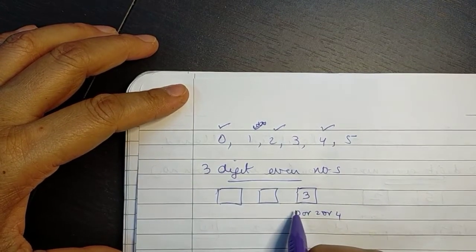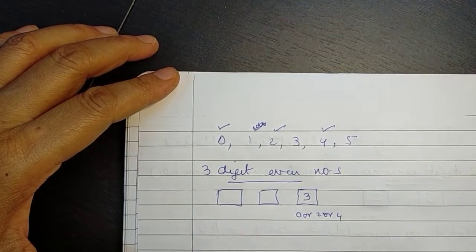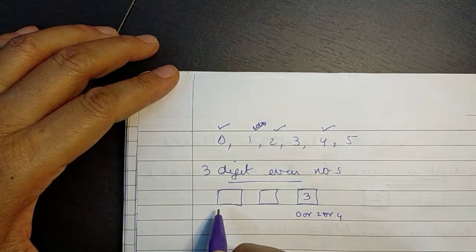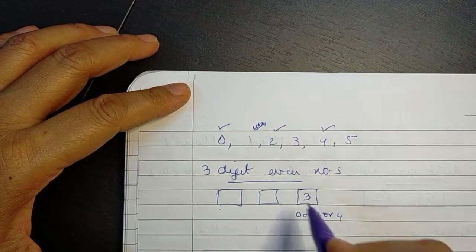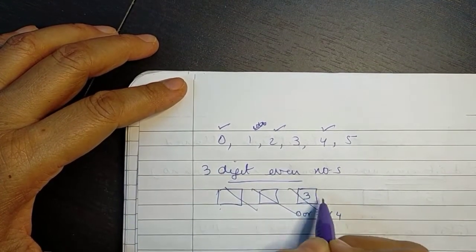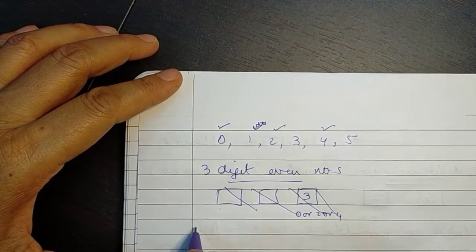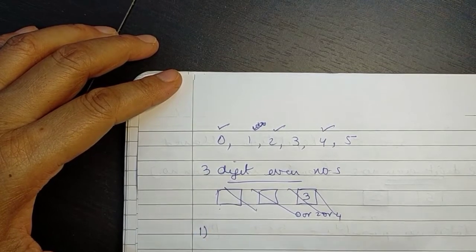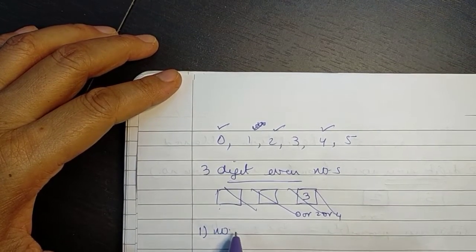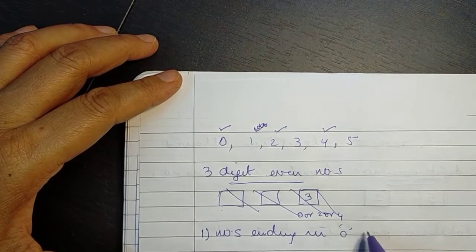Now here, since the numbers cannot start with a 0, what we do is we will segregate these even numbers into 2 cases. So 3-digit even numbers. First case is numbers ending in 0.